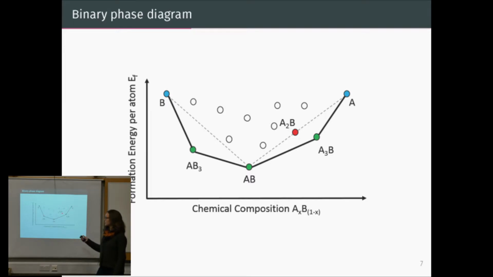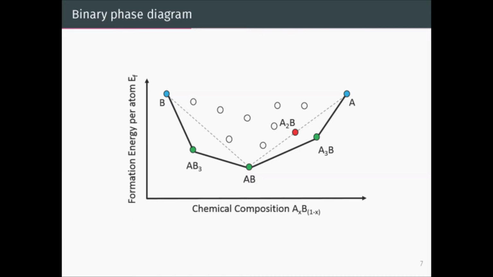So for example, this crystal structure right here, A2B, is slightly higher in overall energy than this one. So we would predict from our density functional theory that it would be more preferential to form this structure over here, A3B, than A2B over there. So that's kind of just a toy example of what we can do with this by finding the lowest energy structures.